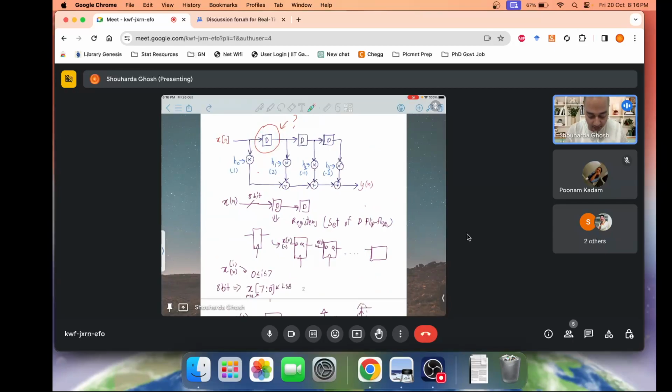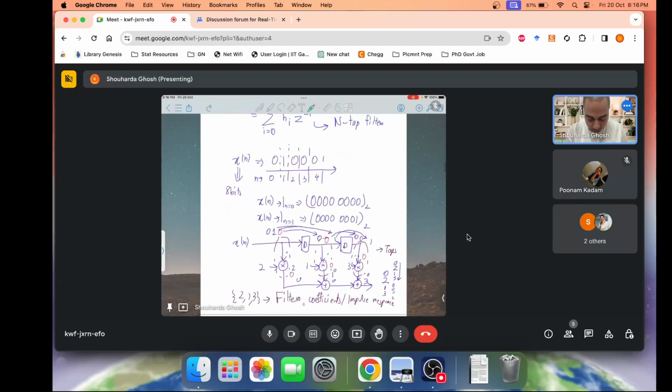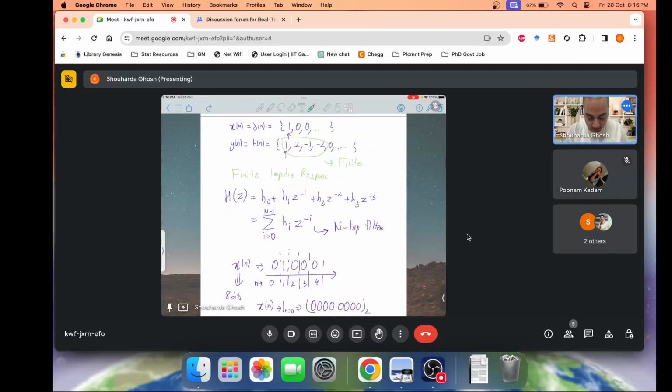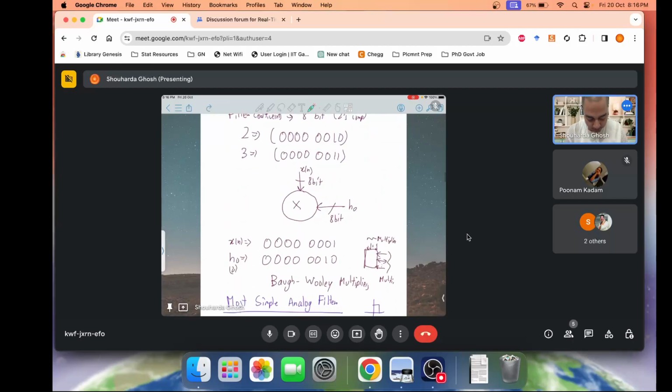It's a register, a set of D flip-flops. The general FIR response looks like a summation, h0, h1 z inverse and so on, representing delayed samples. We also have the Baugh-Wooley multiplier and the unsigned multiplier.